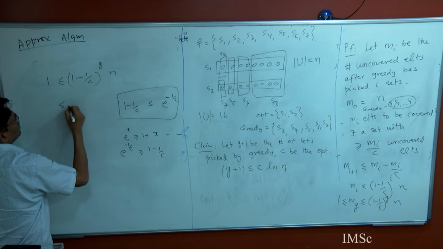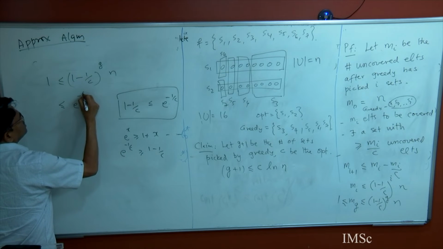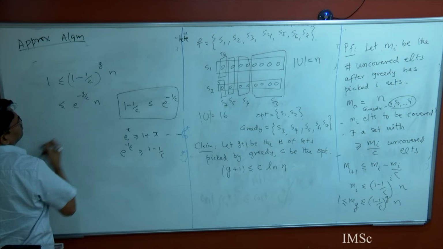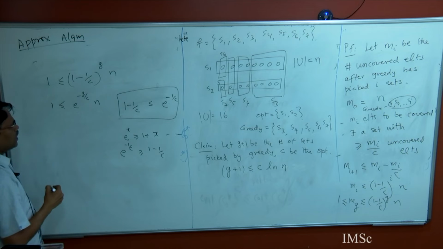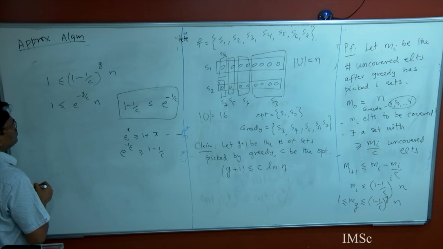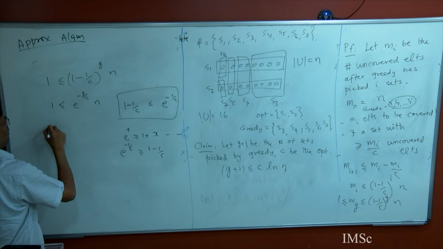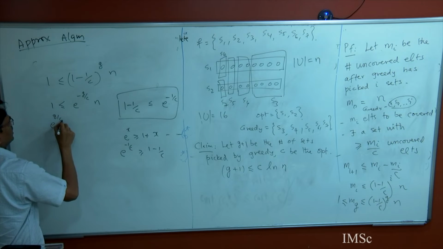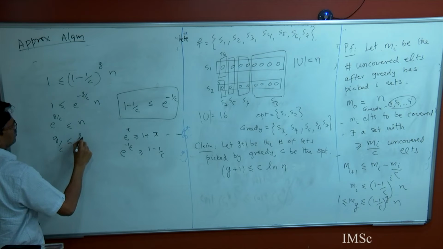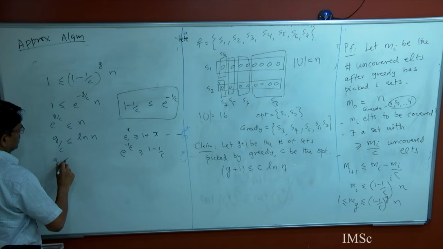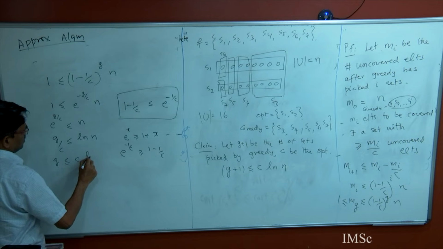So, I am going to write this as e power minus g by c times n is greater than or equal to 1. Yeah, we are done, right. So, e power g by c is less than or equal to n. So, g by c is less than or equal to ln n, g is less than or equal to c times ln n.